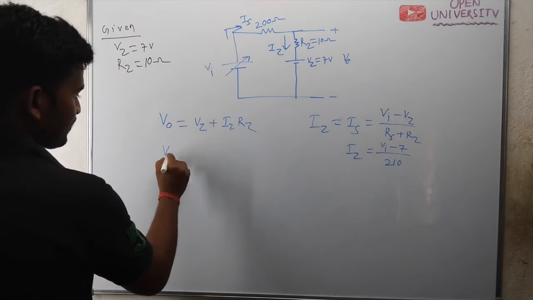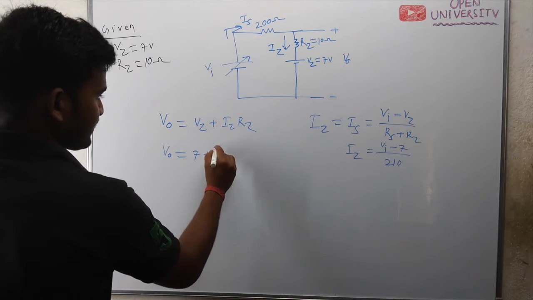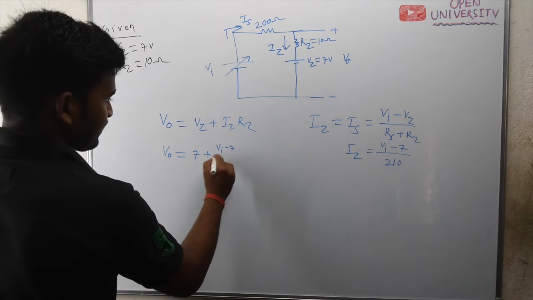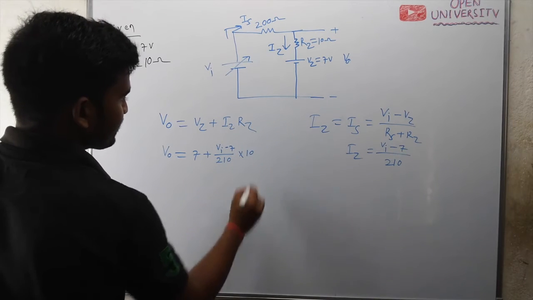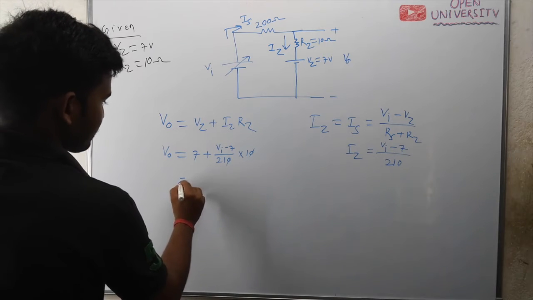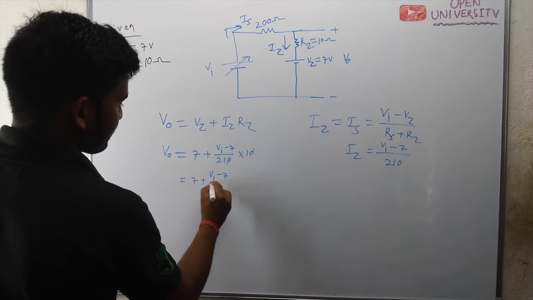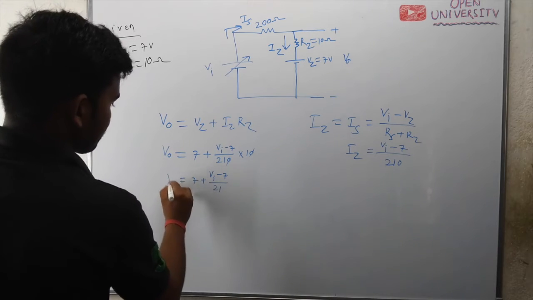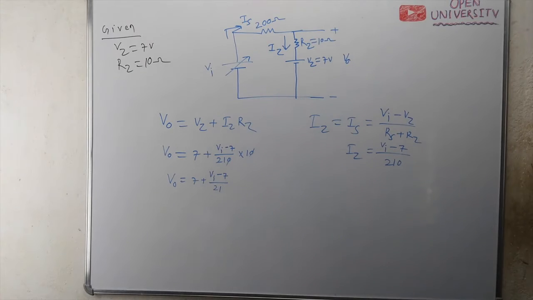So your output voltage will be 7 plus (Vi minus 7) by 210 into RZ, which is 10. So the zeros cancel. The expression for output voltage is 7 plus (Vi minus 7) by 21.